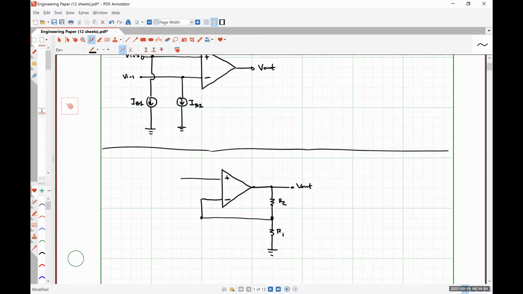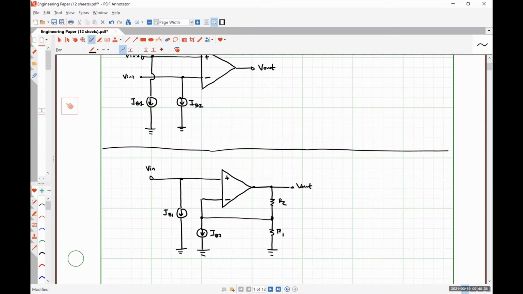So between the inverting terminal and ground, I'm going to see some input bias current IB2. Between the non-inverting terminal and ground, I'm going to see an input bias current IB1. And over here is where I will apply my input signal. So this is what our schematic representation of a non-inverting op amp would look like if we had input bias currents that we needed to worry about.